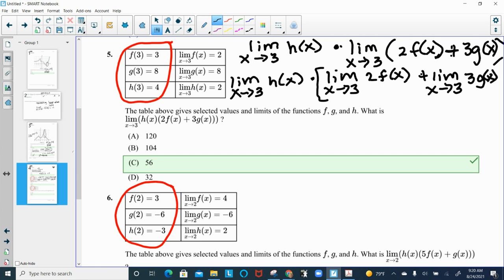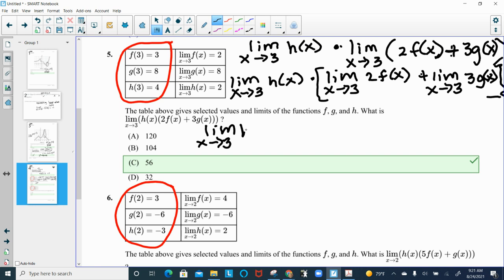And I'm going to try to close this bracket. I don't have a lot of room there. Okay. Now, there's one more thing I can do before I start plugging stuff in. Maybe a lot of you can plug this in now, and that's fine. I just want to show you what it looks like.